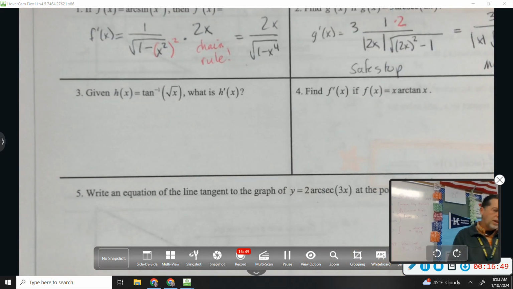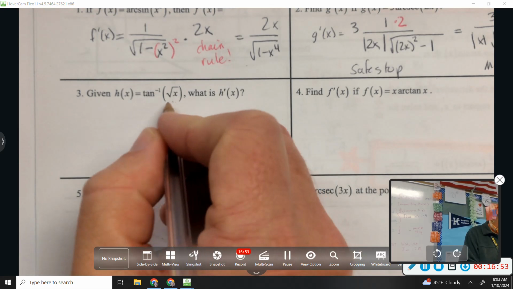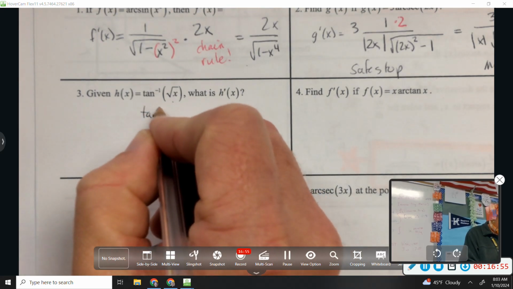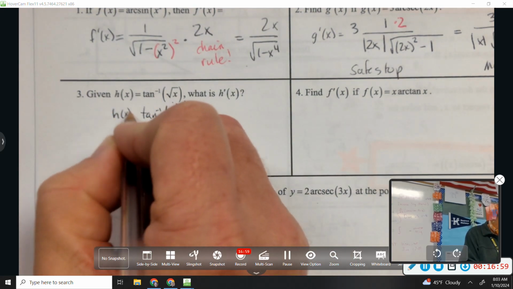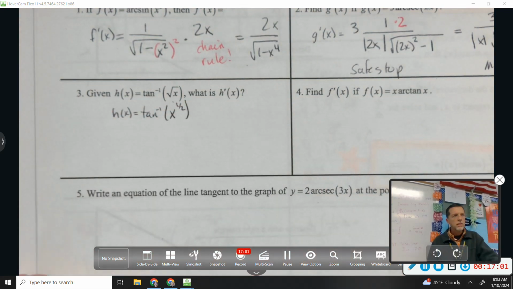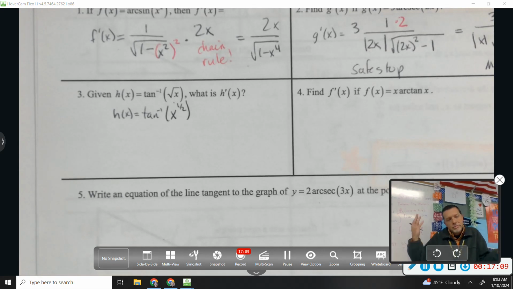Number 3, arctan of the square root of x. And maybe you want to write that as x to the 1/2. That way it's easier to take a derivative of it. Although it's easier to square it if it's just the square root of x, so whichever.